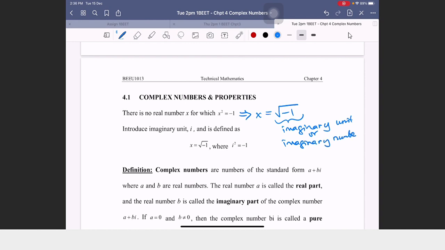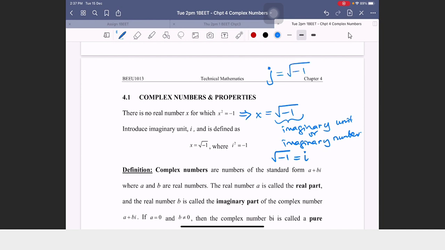They introduce the square root of -1 with a letter. In mathematics we use the letter i. But in engineering, because complex numbers have many applications in the engineering field, they use the letter j, which represents the square root of -1.